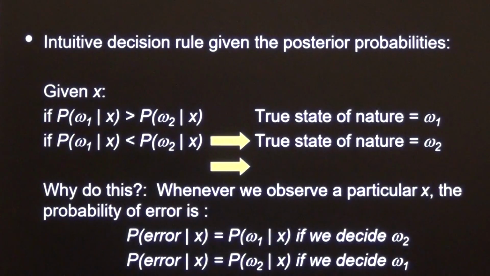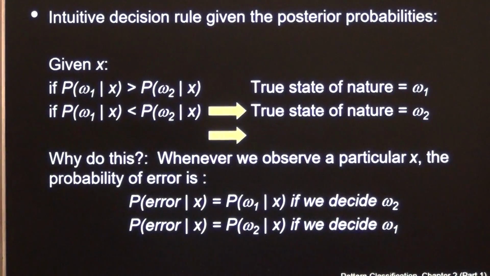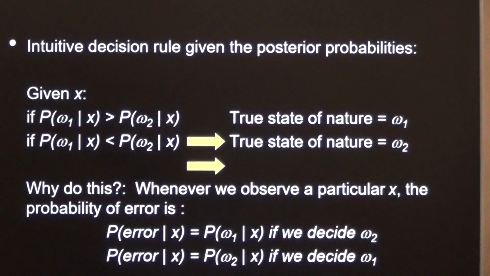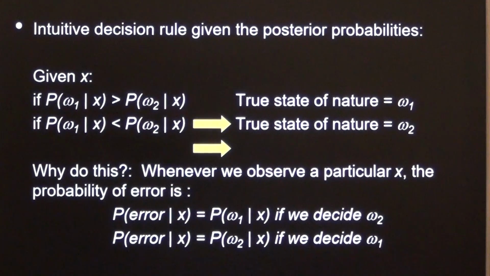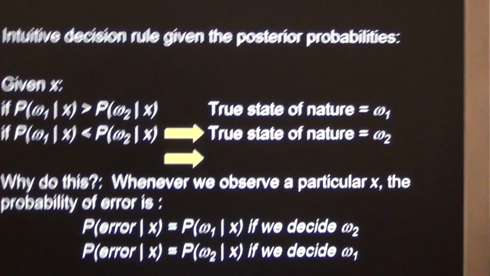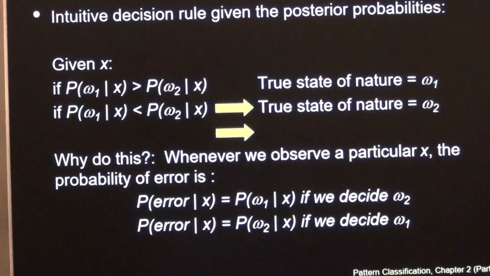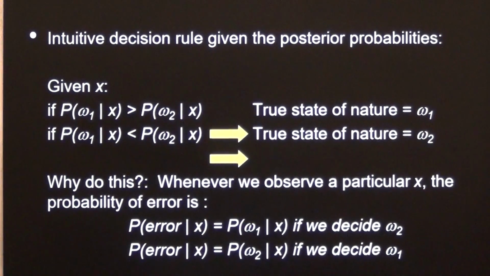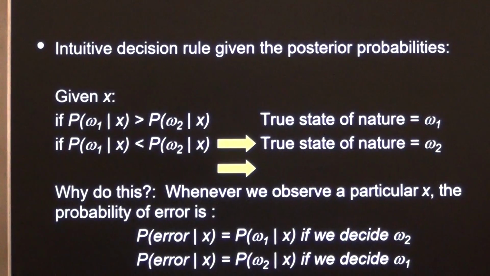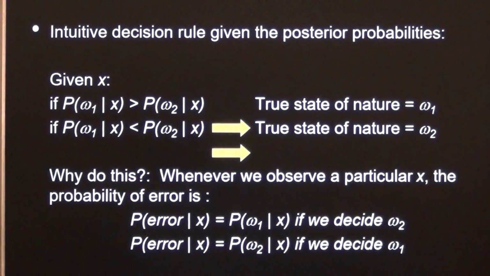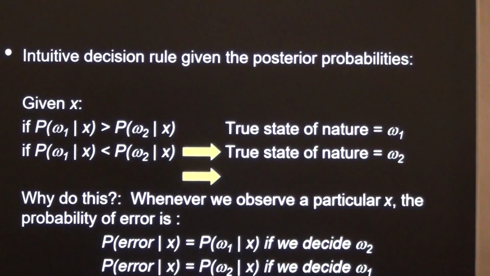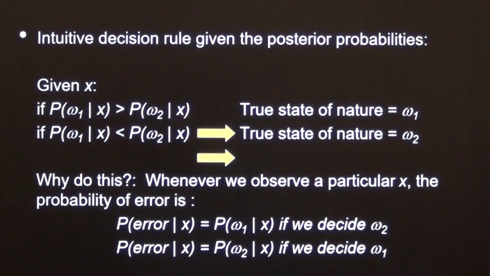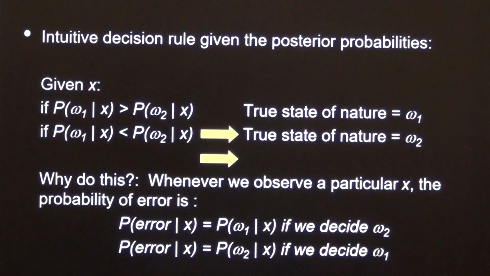Now the intuitive decision rule given the posterior probability of x, as we have seen: if the prior of W1 and the prior of W2, if it is the true state of nature 1, then it is equal to W1. If it is the true state of nature 2, that is equal to W2. Why do this? Whenever we observe a particular x, the probability of error is P(error|x) equal to P(W1|x) if we decide it is W2, and P(W2|x) if we decide W1.